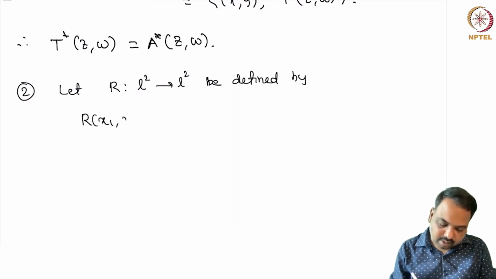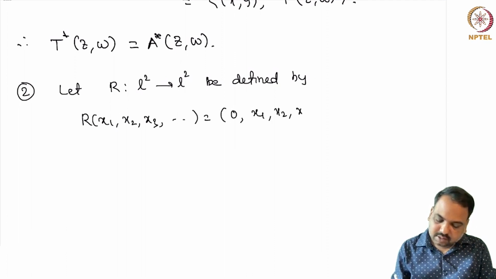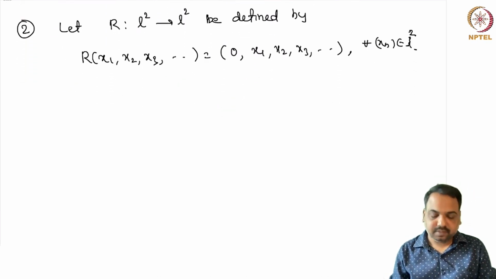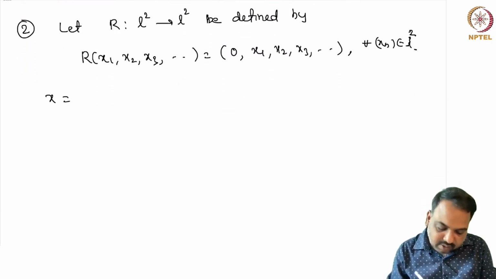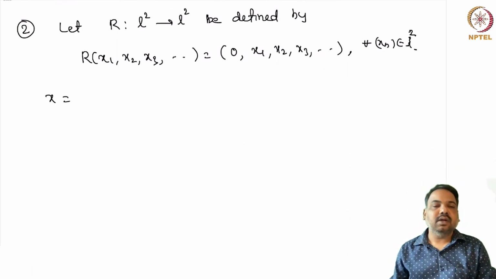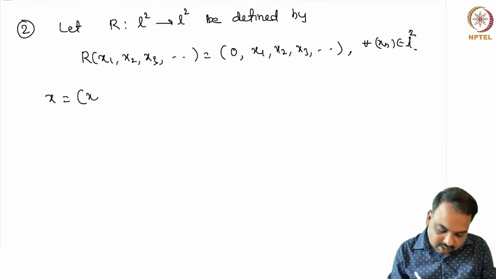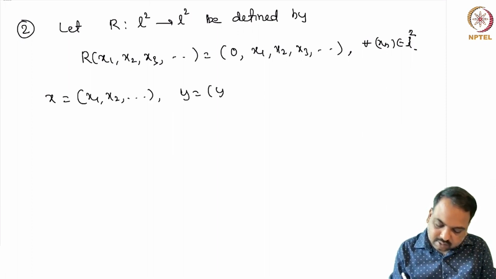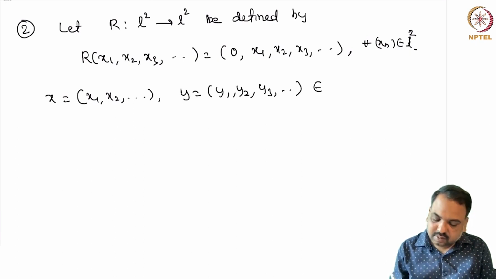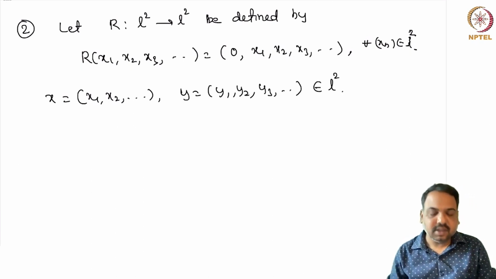R of (x1, x2, x3, and so on) is (0, x1, x2, and so on) for all x in L2. We want to find what is the adjoint of R. So let us take x as (x1, x2, and so on) and y as (y1, y2, y3, and so on). Both are in L2.